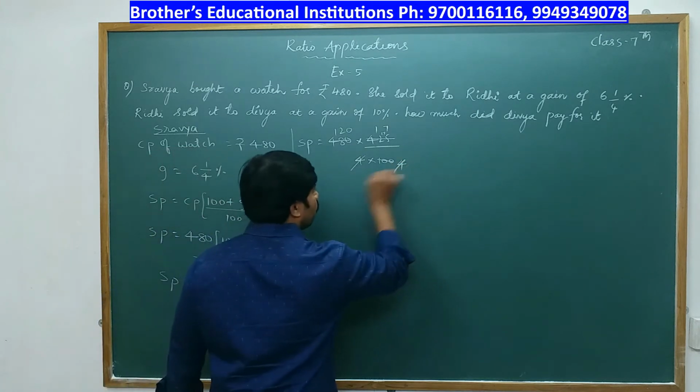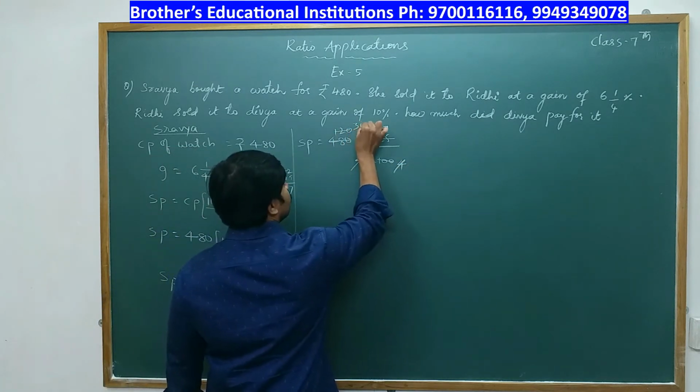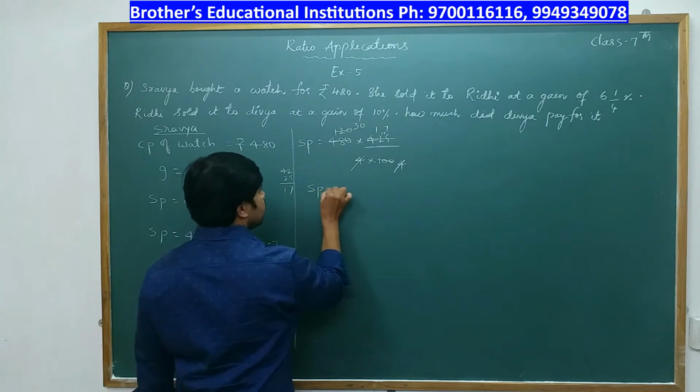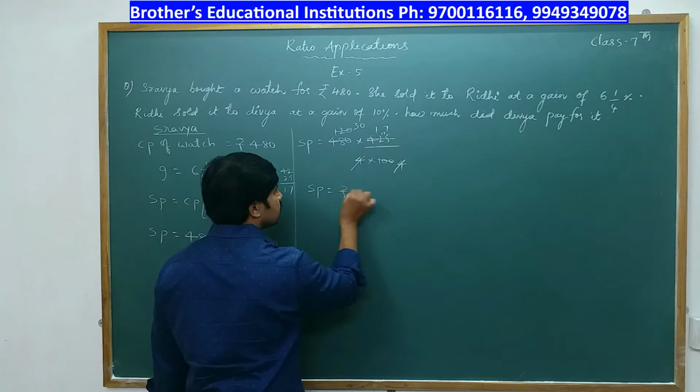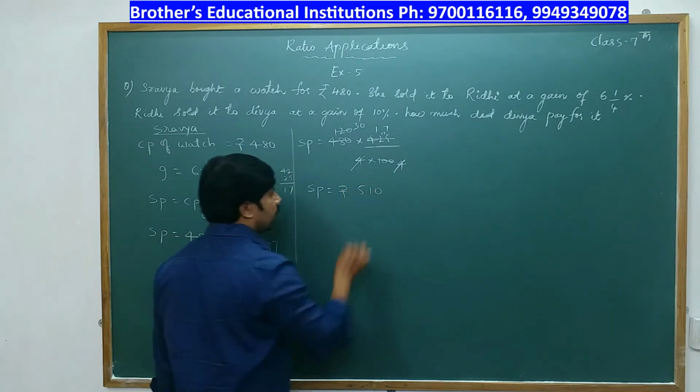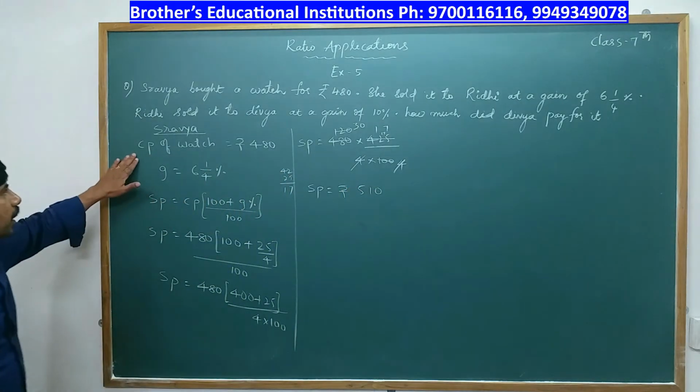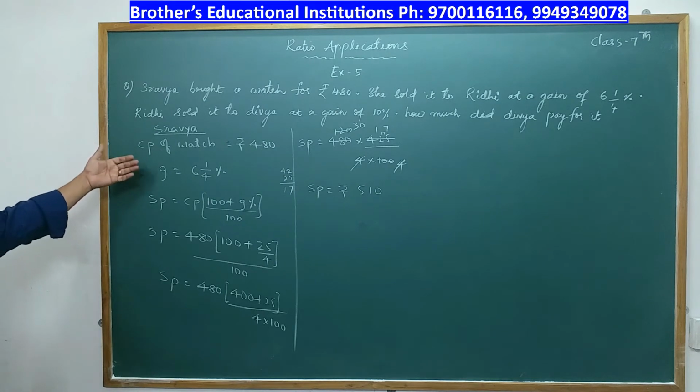So the selling price is 30 into 17, that is rupees 510.